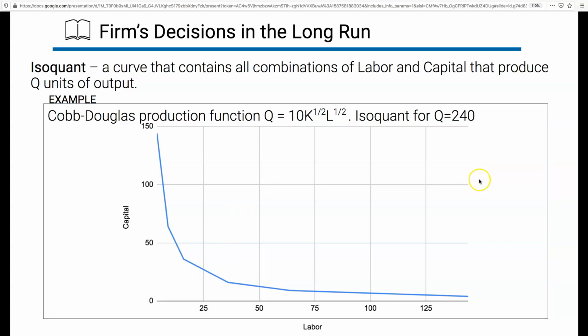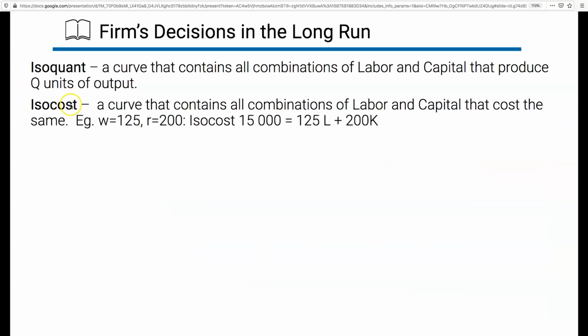The second concept that we need to introduce is the concept of isocost, a curve that contains all combinations of labor and capital that cost exactly the same. So independent of how much labor and capital produces, say we have $15,000 to spend on labor and capital. Let's plot all the points that cost exactly $15,000.